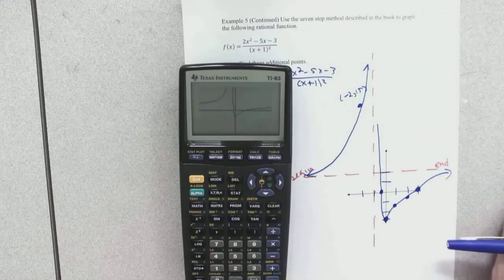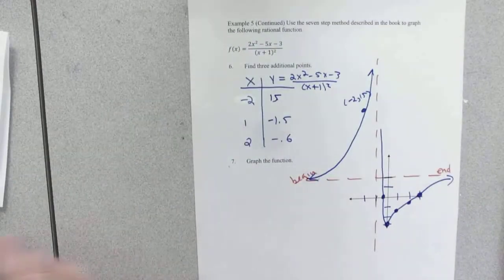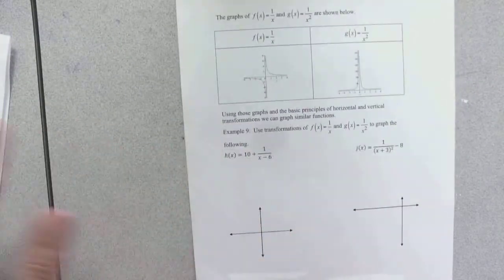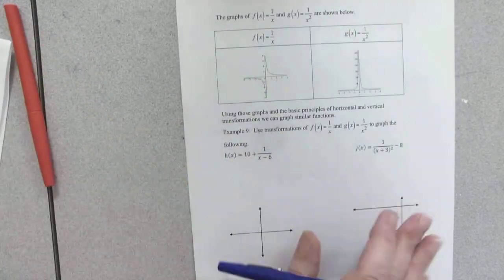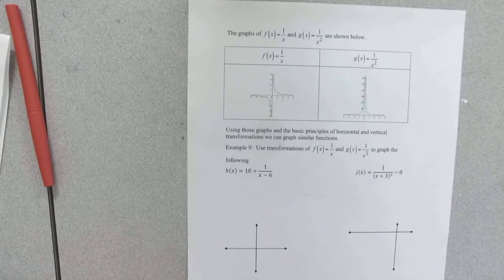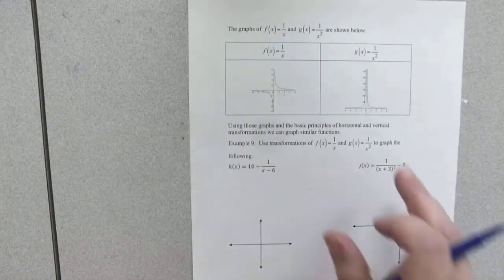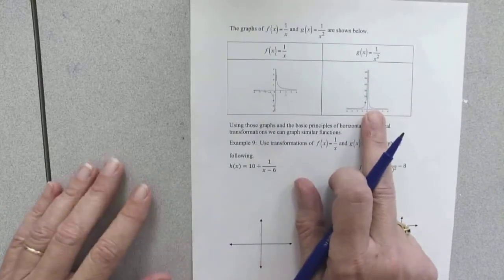Then the last thing we're doing in this section is just a few more horizontal and vertical translations. So let's call these some basic shapes here. The graph of 1 over x looks like that. The graph of 1 over x squared looks like that.